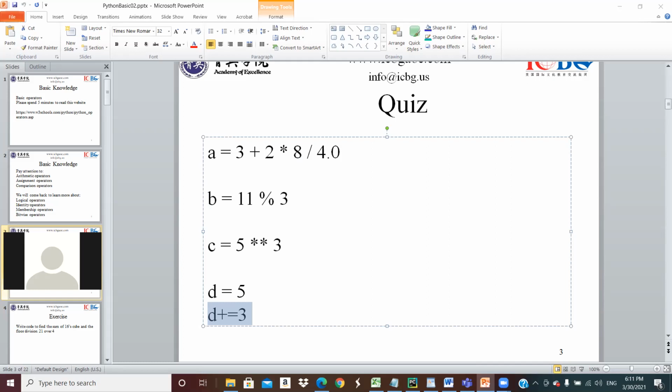Let me ask Jason, what is this value? 5. Why is it 5? Because it just says it right there. I don't think there's any way to simplify it. All right, okay. Then let me ask Eva, what is this value?